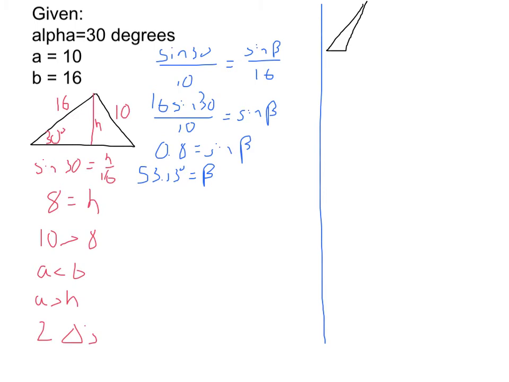And I'm still going to have 10 here, 16 here, and 30 down in that corner. And again, if we remember what happened when we first looked at these possibilities, there is the possibility of this other triangle here. And that's not a very good drawing. Let's make that a little bit better.